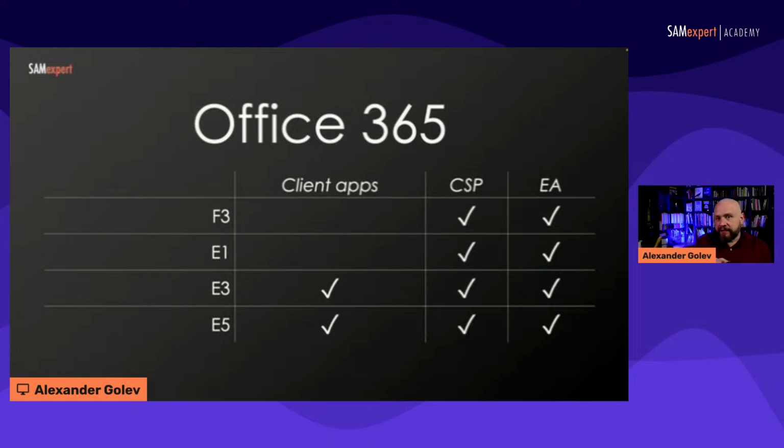But still, some things are just simply unavailable in the online apps, but most of the functionality is there. Then again, only E3 and E5 Office 365 plans, and consequently A3 and A5 for academics, have downloadable applications. All these plans are available in CSP and in Enterprise Agreement.